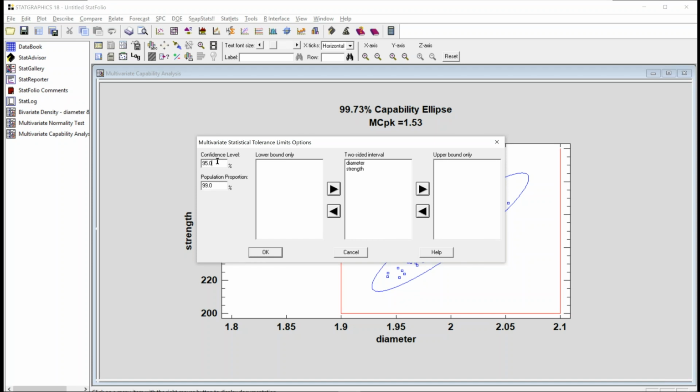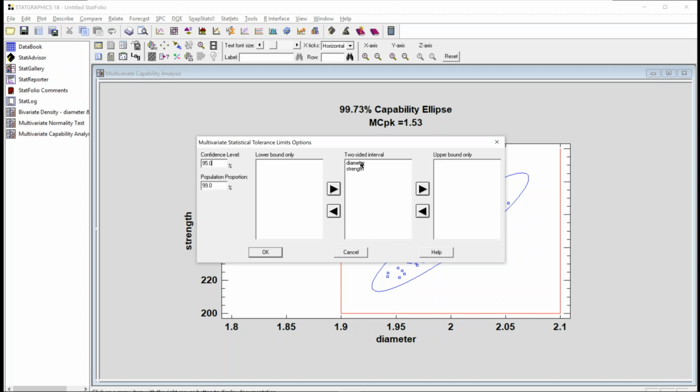So basically, I've put in my two variables, diameter and strength. And on this screen, I put my level of confidence and my population proportion. I then need to tell it which of my variables have two-sided specifications, which have a lower bound only, and which have an upper bound only.